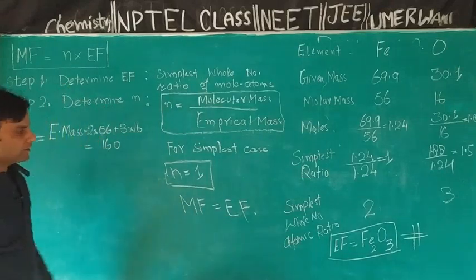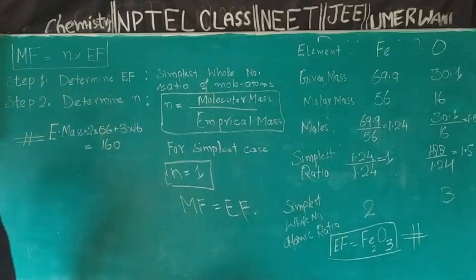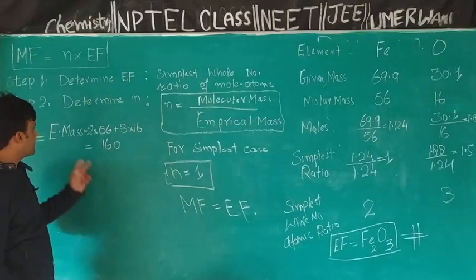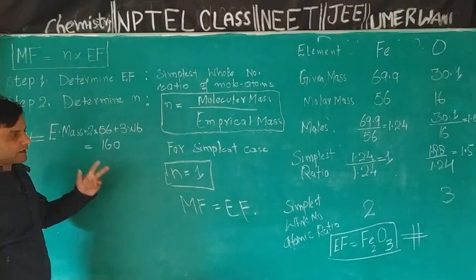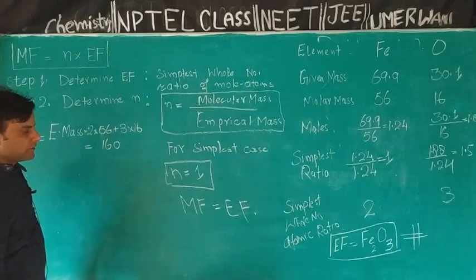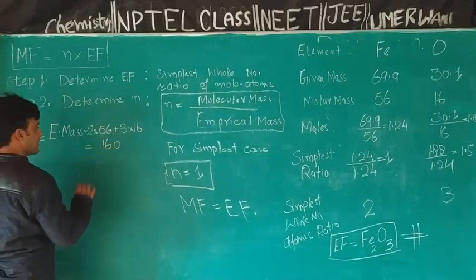So the empirical formula mass of the oxide of iron with empirical formula Fe2O3 is 160.